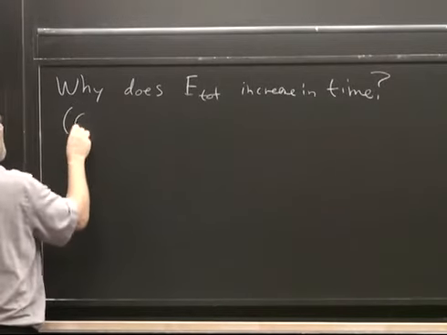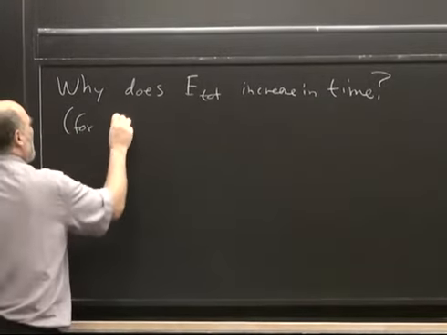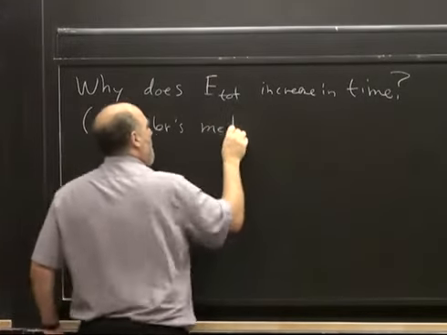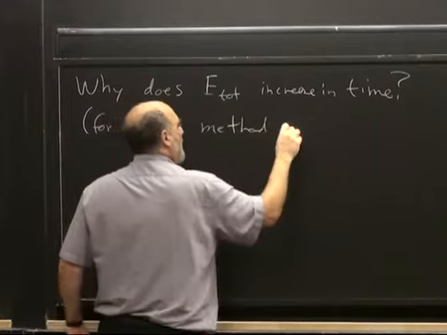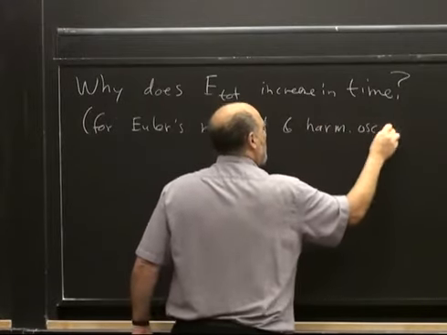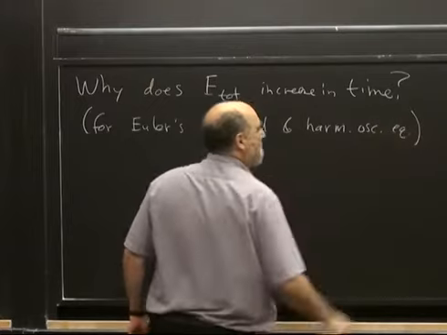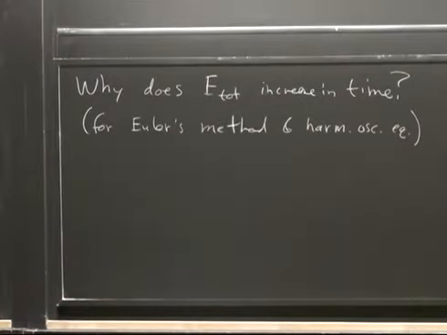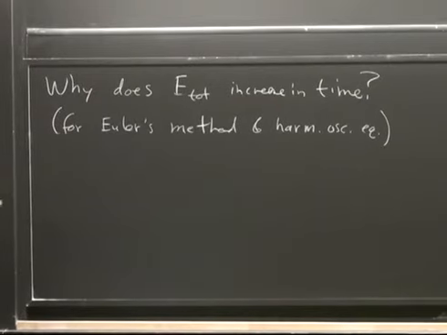This is for the harmonic oscillator equation, for Euler's method, and the harmonic oscillator equation. So in general, it's not a feature that energy increases in time in numerical solutions, either of the equation or of the method. It depends on the equation and the method. So it's just this equation and this method we can understand.